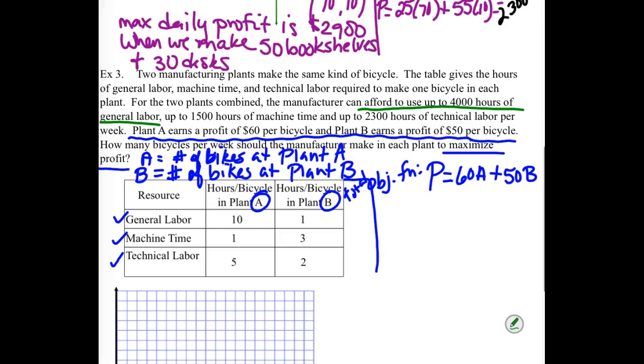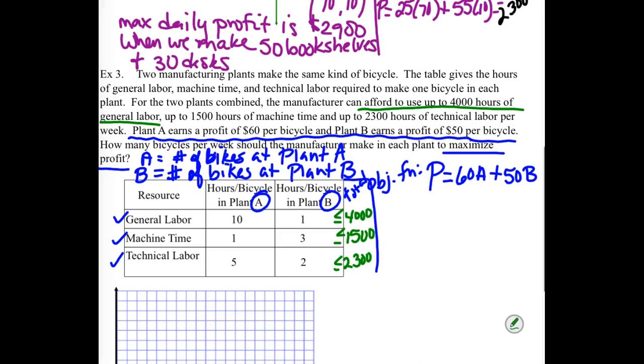Less than or equal to? Okay. How much time did we have for machine time? Okay, 1,500. And we had up to 2,300 for technical labor.